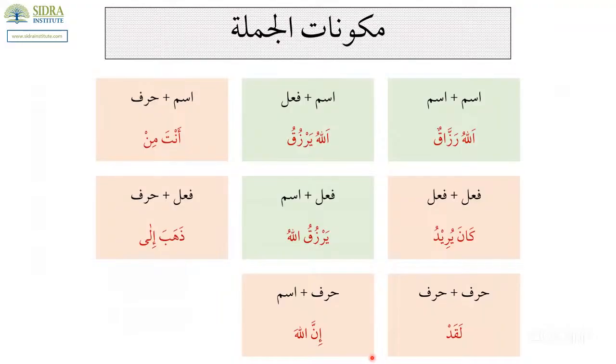So in meaning, it's similar to a verb. Next combination we have is a particle and a verb. قَدْ أَفْلَحَ, indeed succeeded. Who? So just a particle and a verb cannot group together and make a complete sentence.